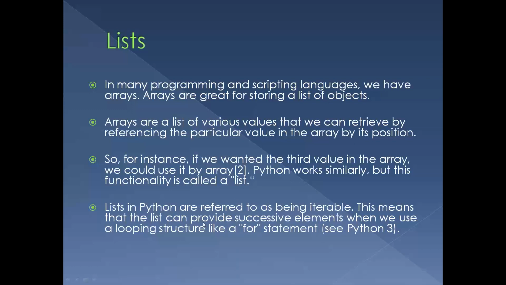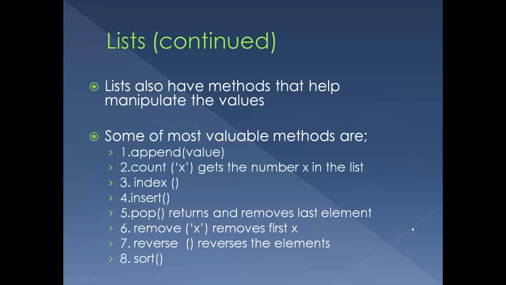Lists in Python are referred to as being iterable. This means that the list can provide successive elements when we use a looping structure like a for statement. Lists also have methods that can manipulate the values. Some of the most valuable methods are append, so we can append a value.